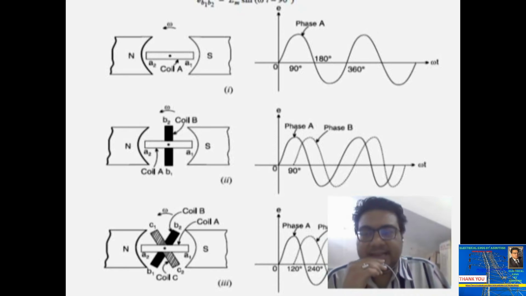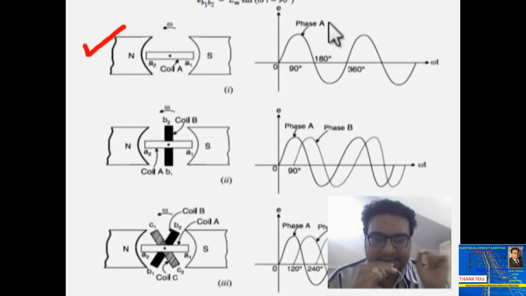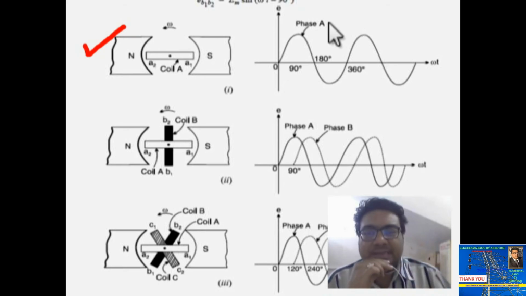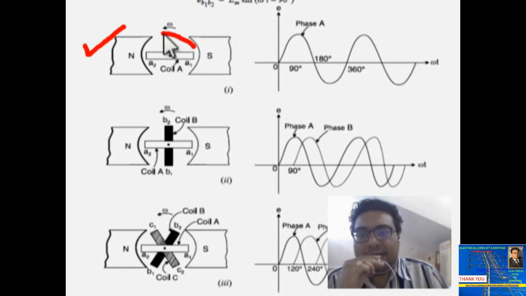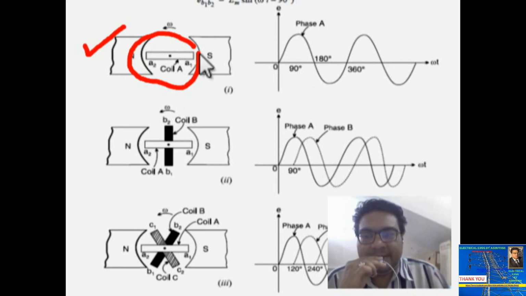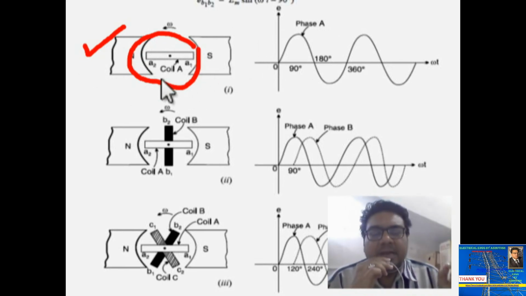So guys, in this diagram, here you can see this is a single phase system. The first diagram belongs to a single phase system because there is only one coil. See here, there is only one coil A1, A2, and it is placed in a uniform magnetic field. So guys, here the waveform of the EMF induced or generated will be single.